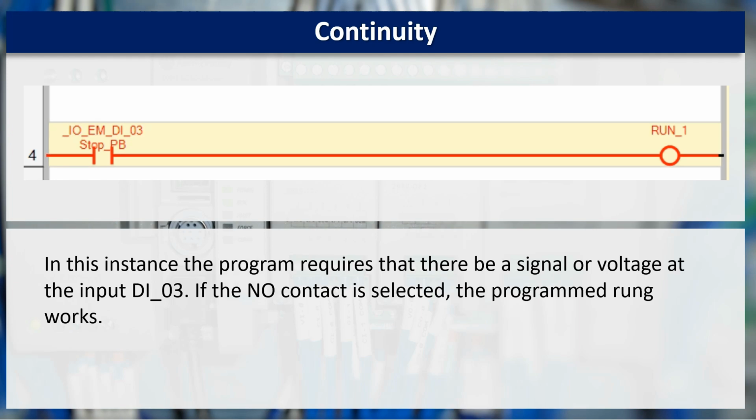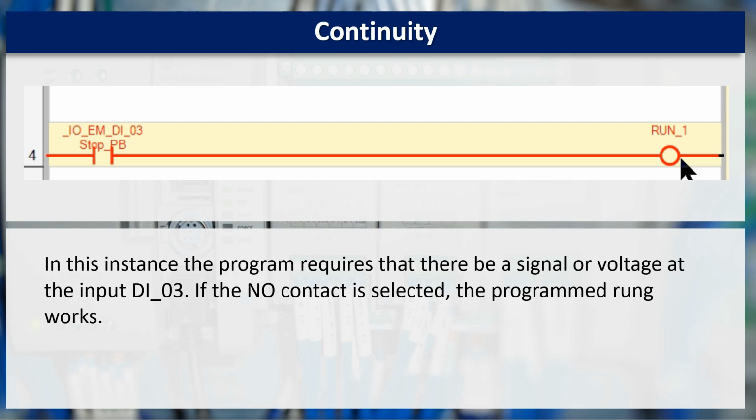This particular rung is a bit of a puzzle. We have a stop push button, and stop push buttons are a normally closed set of contacts, and yet in this particular rung we're using a normally open instruction. They seem to be conflicting, and yet we still see that there is logical continuity from our left rail through our stop switch to our run.